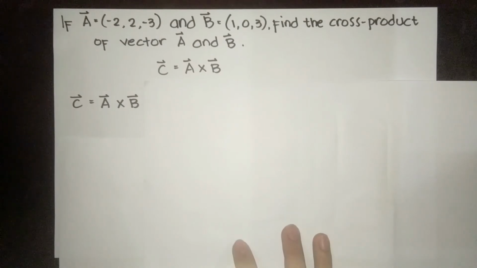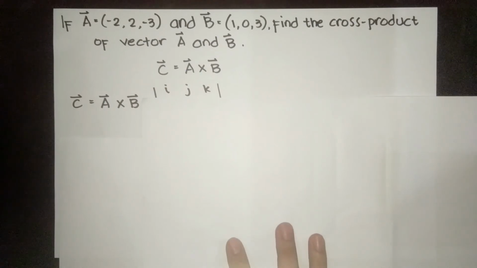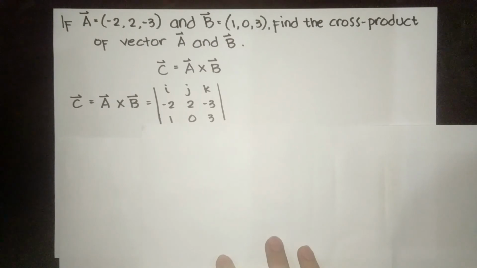Let's arrange the i, j, and k on the first row, the components of vector A on the second row, and on the third row the components of vector B.